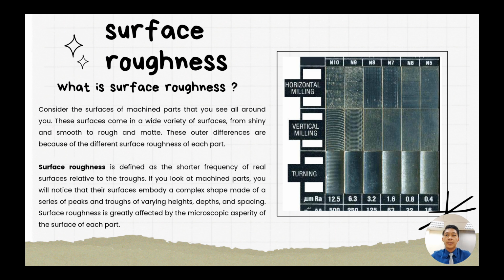Surface roughness is the measurement of the relative smoothness of a surface profile, calculated via the microscopic deviation in a surface's true form. The larger the deviation from its true form, the rougher the surface, while the smaller the deviation, the smoother the surface.